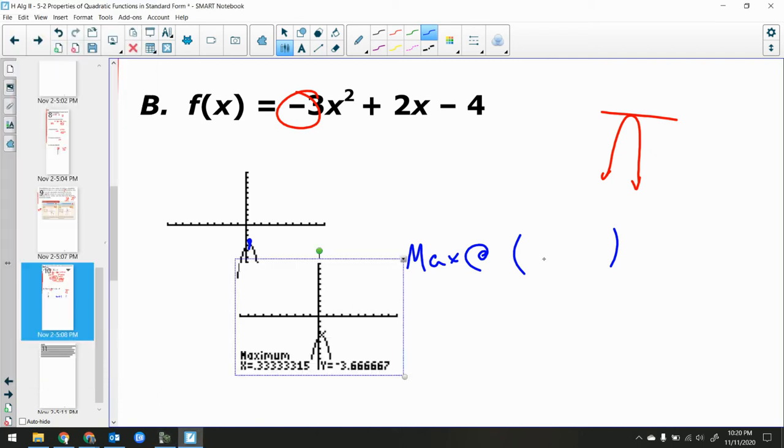And there it is. Looks like it's 1/3, comma, negative 3 2/3. Repeating. Right? So 0.3 repeating, comma, negative 3.6 repeating. So there's how to find it within my graphing calculator.